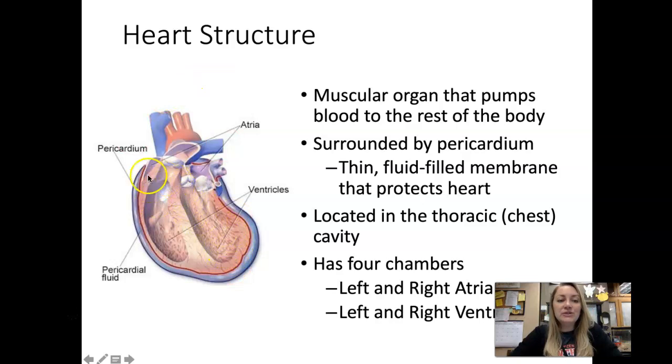Okay, your whole heart is surrounded by what is called the pericardium. It looks like a giant whitish clear sac around the heart. It's filled with a fluid, so we have what's called the pericardial cavity, and that is going to prevent, every time the heart beats, it from rubbing up against other things causing friction.